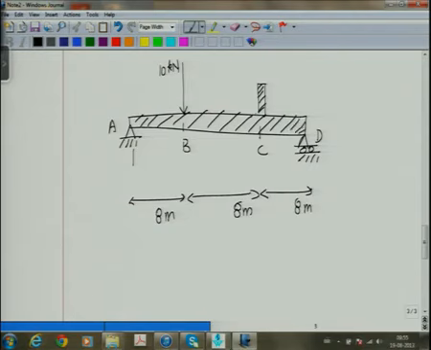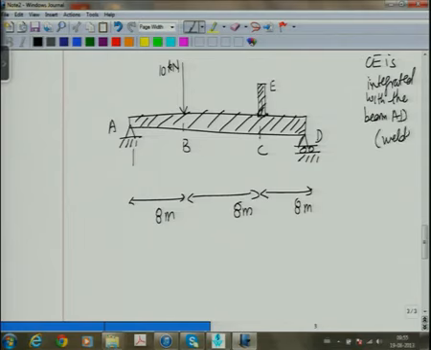So that means CE is the same part of the structure ABCD. So CE is welded, there is no pin joint, it is the same beam together. Okay, so this is just welded here. So CE is integrated with the beam AD. So I will just say it is welded at C.